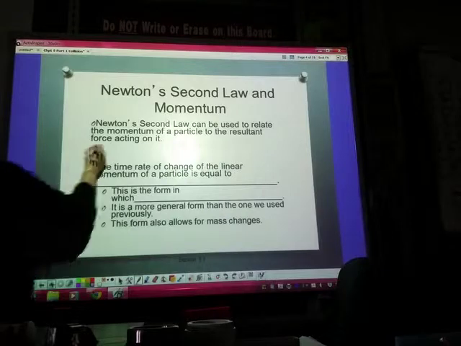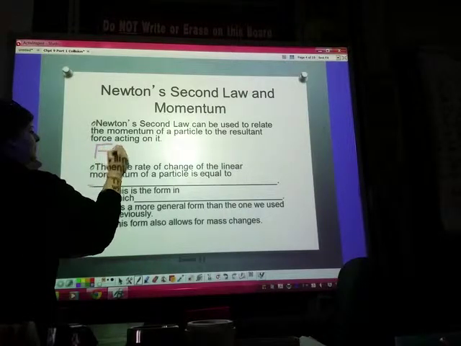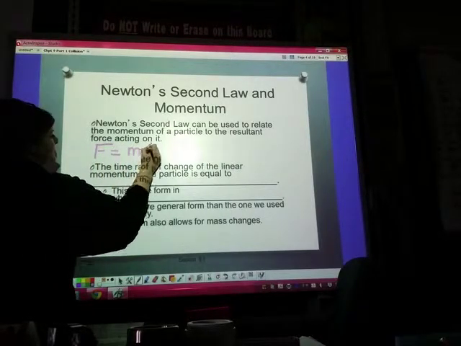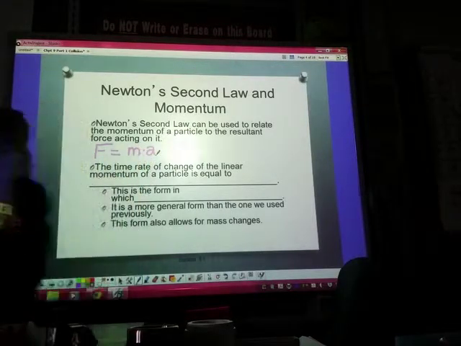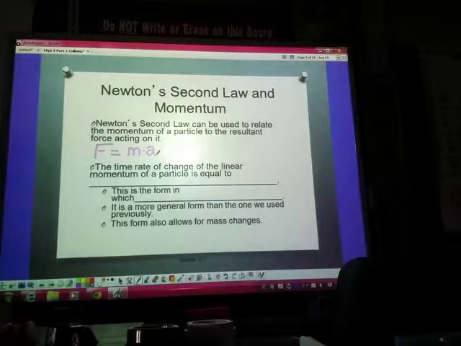So if I know that force is equal to mass times acceleration, let me simplify that a little bit, because momentum is really about mass and its change in velocity, and I could get acceleration if I take the derivative of velocity.